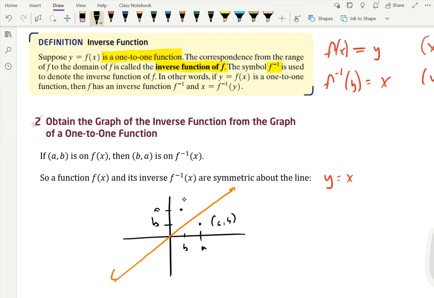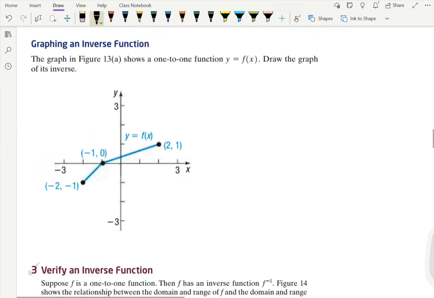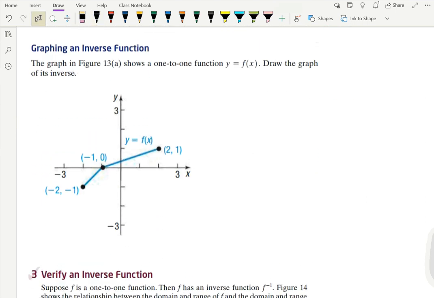Then here's my point (b, a). What we should see is that these are the same distance on either side of that line. That's the concept we are shooting for, the idea of being symmetrical about the line y equals x. So with that in mind, let's take a look at this particular graph.